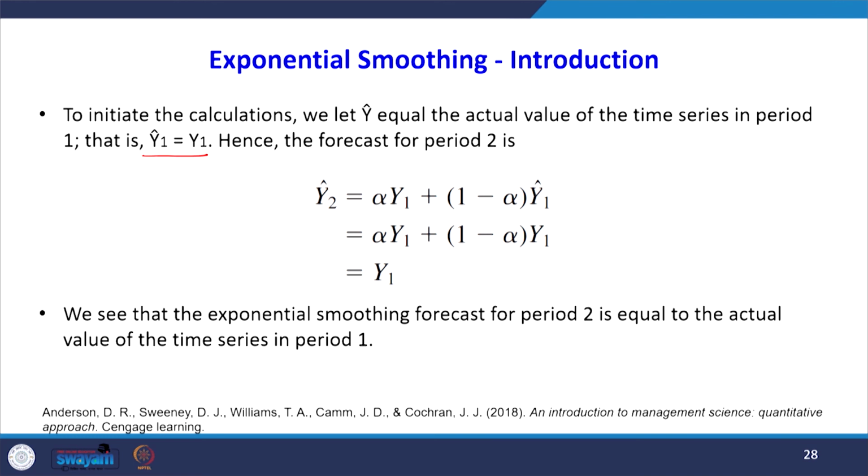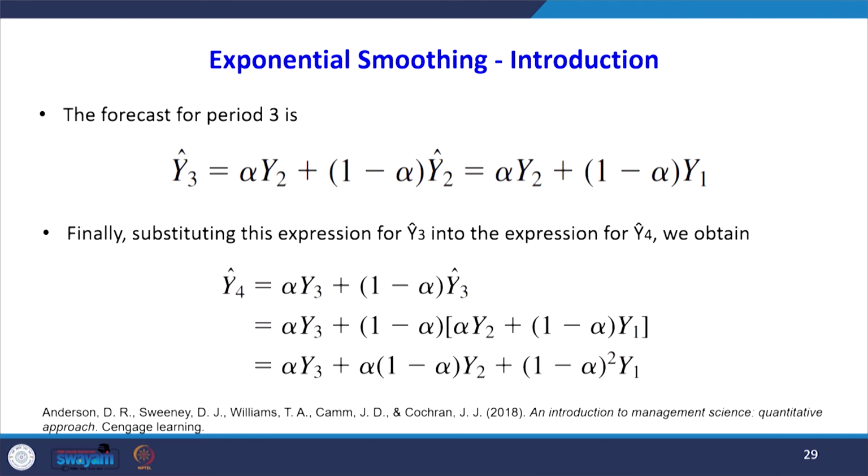The y1 is the actual, y hat 1 is the forecasted value for the previous one, so that is nothing but your y1. We see that the exponential smoothing forecast for period 2 is equal to the actual value of the time series in period 1. Similarly, when you extend that expression for period 3, that is alpha into y2 plus 1 minus alpha into y2 hat. Instead of y2 hat you can substitute y1.